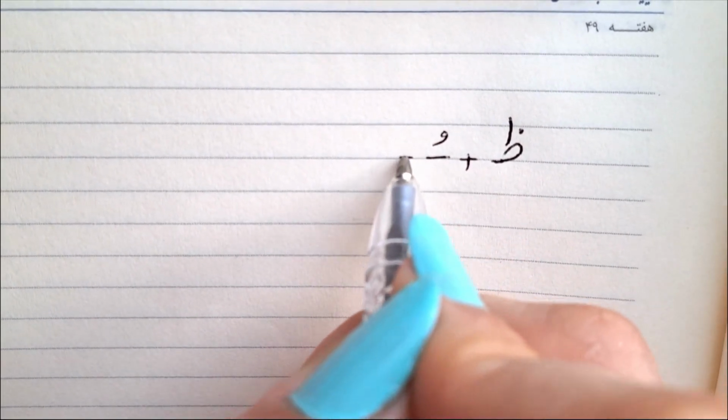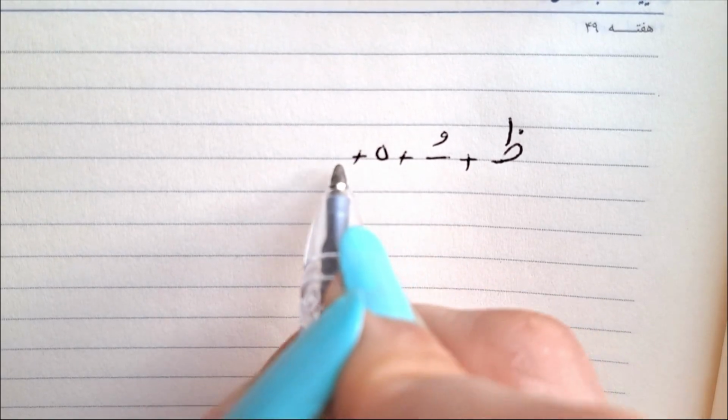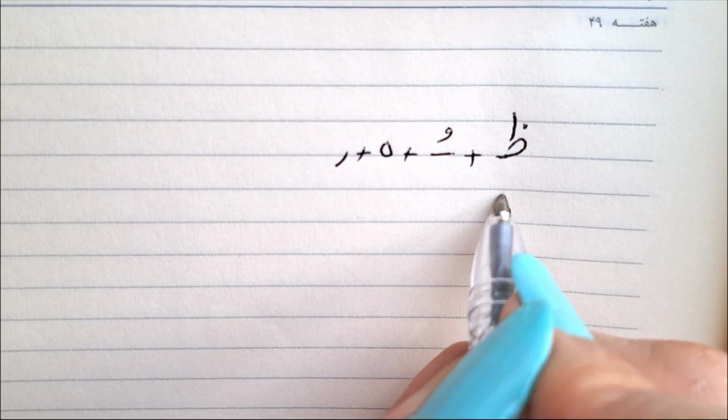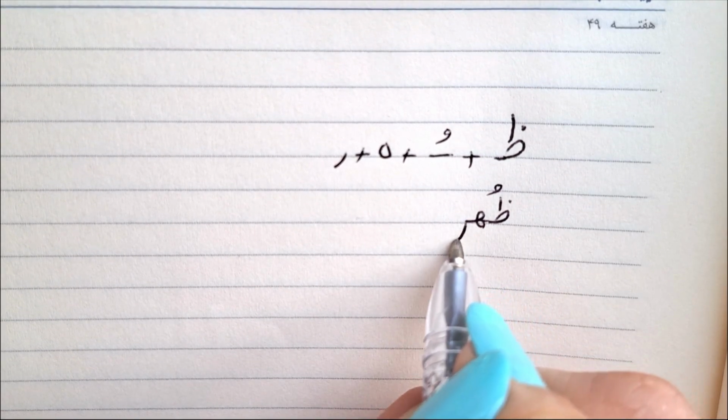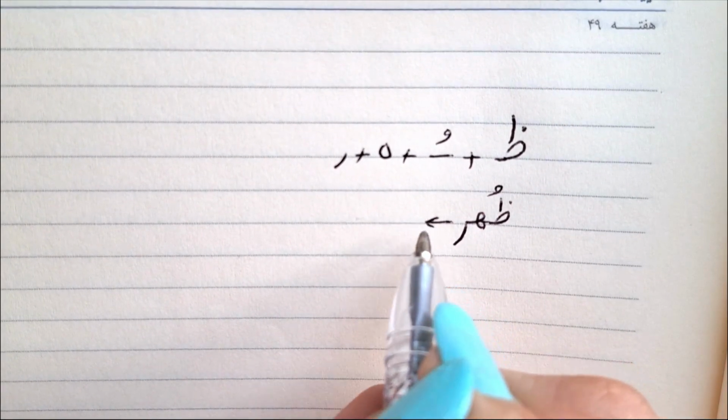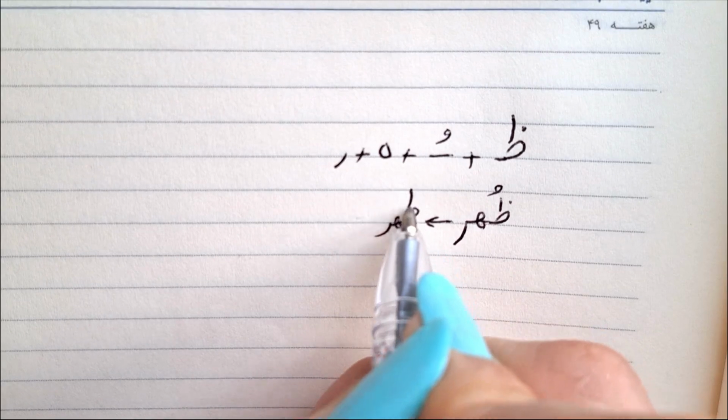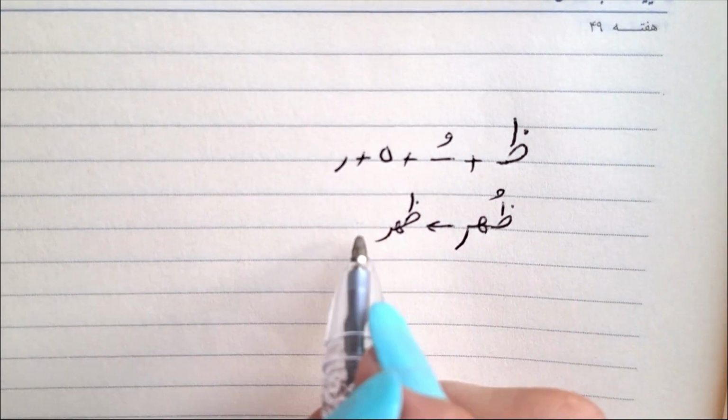Example for za, za plus o plus h, he do cheshm, plus r, together, zohr. Zohr means noon, and it's Arabic.